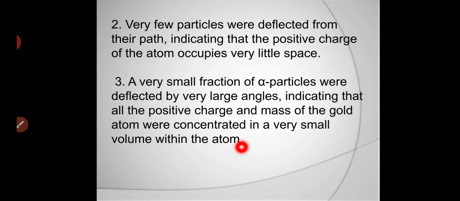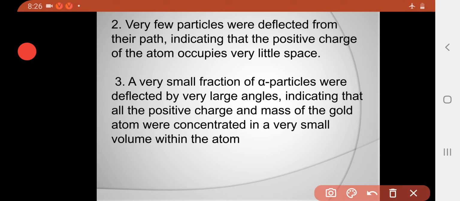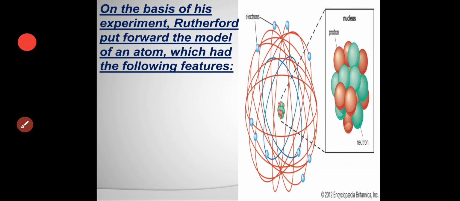Where there is positive charge, there is a very small volume. That's why the alpha particles rebound. Okay, then on the basis of this, Rutherford gave how the electrons, protons, and neutrons are arranged.